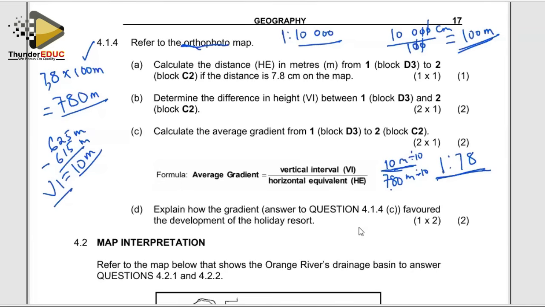Right, number one, it's cheaper to do construction, cheaper to build on gentle slopes. If you compare the construction cost of a steep slope and a gentle slope, you will see the difference. It's much cheaper to construct on a gentle slope.